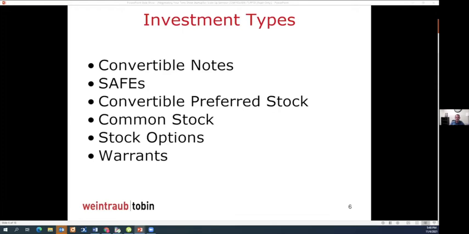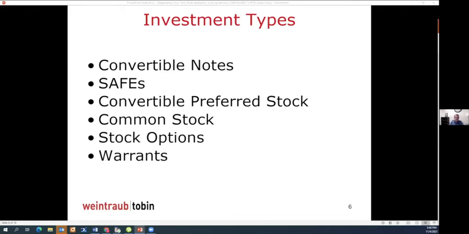Stock options and warrants, same sort of thing. The stock options would probably be options for common stock. The warrants may be for preferred, but then again, it all cycles back to common stock at some point down the road. So that's a fairly easy concept for us to deal with here.